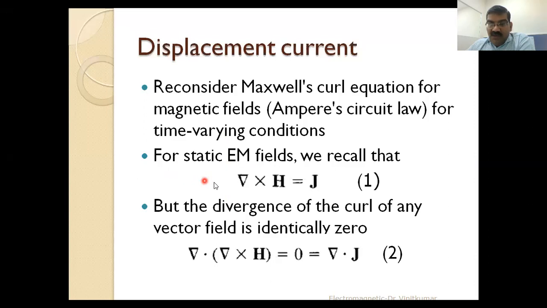Now this is one of Maxwell's equations, del cross H equals J. For the static electromagnetic field, this is Ampere's circuital law. This is simply Ampere's circuital law.